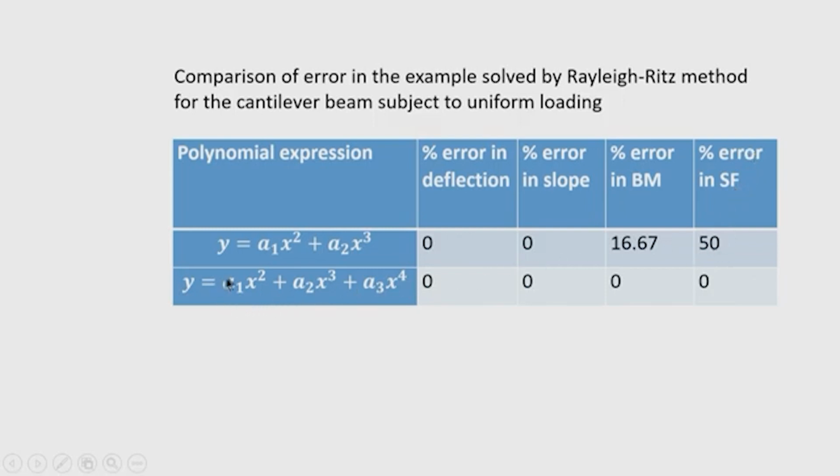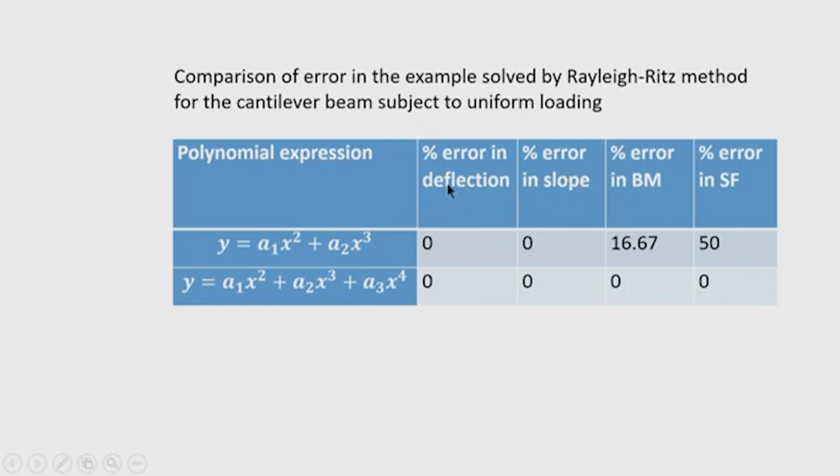But when we increase one term of the deflection series, we get the percentage error in deflection, slope and percentage error in bending moment and shear force. Bending moment and shear force refer to the bending moment and shear force at the fixed end, because these fixed end moments are maximum, whereas the slope and deflection are referred to the free end, where the standard values are known.